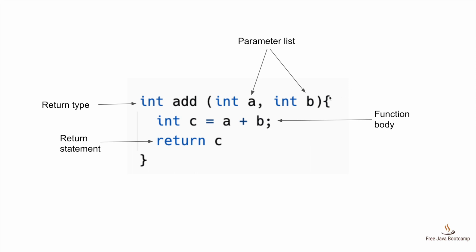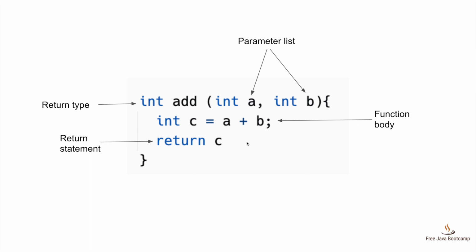Everything from this curly brace to this other curly brace here comprises what they call the function body. It's the body of the function. That's where you define what the function actually does. And then finally, if your function has a return type, because it's possible to have a function that has no return type, then you have a return statement.